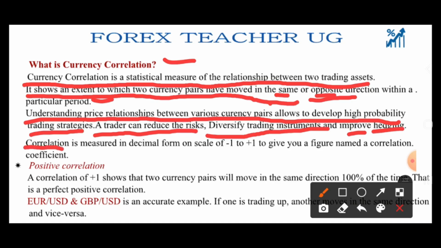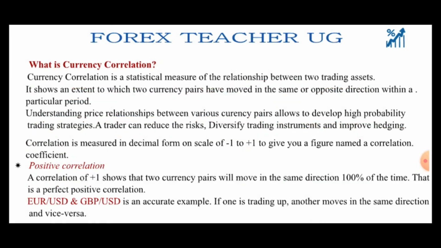So correlation is measured in decimal form on a scale of -1 to +1 to give you a figure named a correlation coefficient. So let's look at a positive correlation, because we have two types, a positive correlation and a negative correlation. A correlation of +1, which is positive, shows that the two currency pairs will move in the same direction 100% of the time.